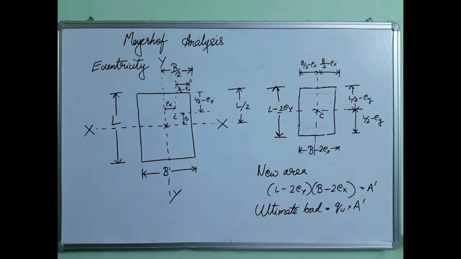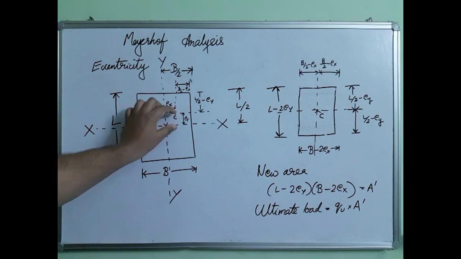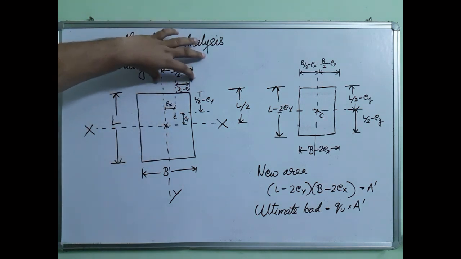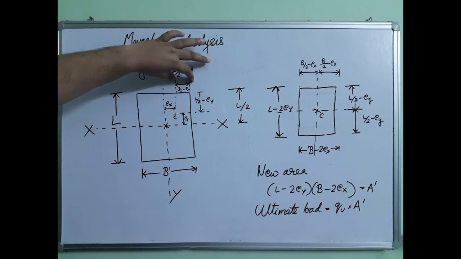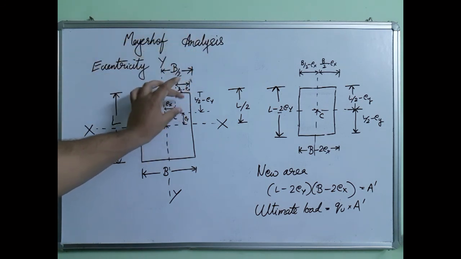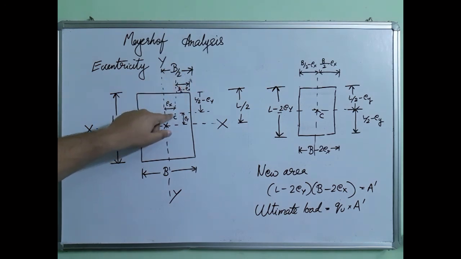I'm just repeating it. Please remember, if this is the center, first we get the eccentricity values Ey and Ex. Then if this is half of the width, this is B by 2 minus Ex, and if this is half of the length, this will be L by 2 minus Ey. Then we take this as the center.